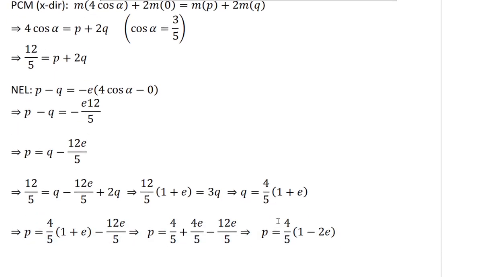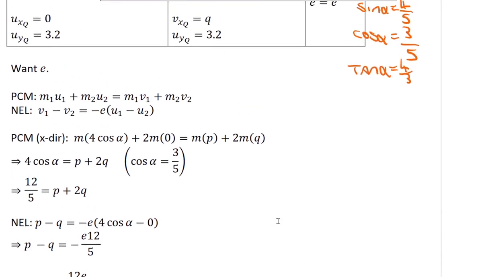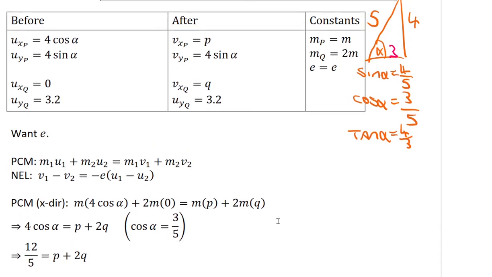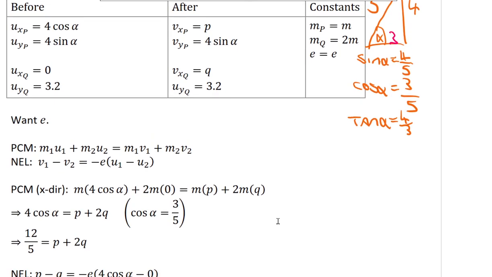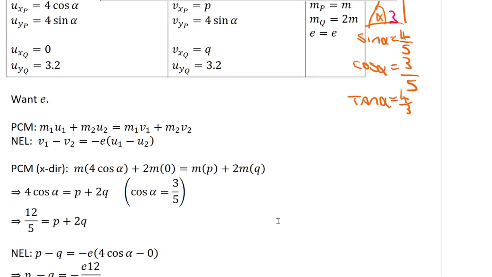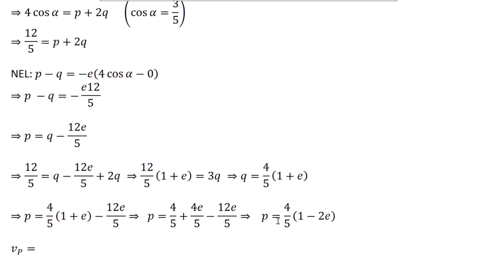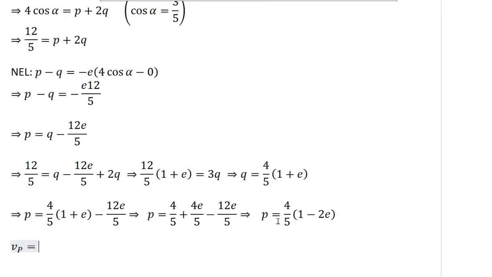So the final thing we then want to write is VP: what is it in the x direction and what is it in the y direction. So in the x direction it is P, so that's 4/5 (1 minus 2E) i.